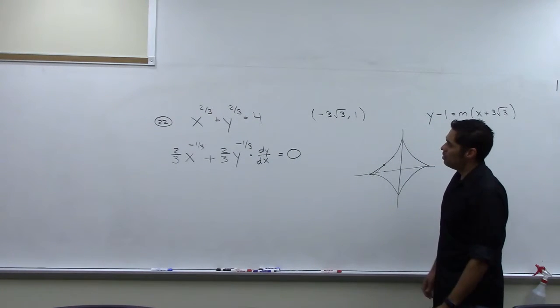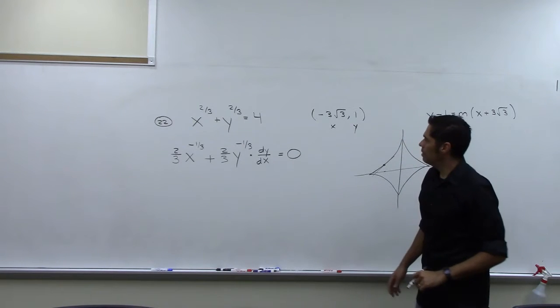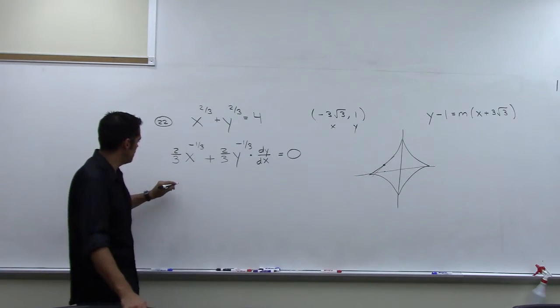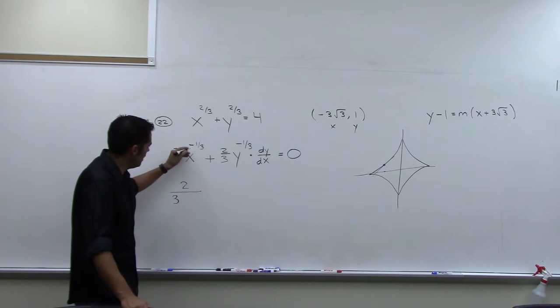And I actually know what my x is and my y is, right? So let me come in here. I'm going to clean this up a little bit because it's going to be kind of tough to look at. I have 2 over 3 x to the negative 1/3. I drop it down.